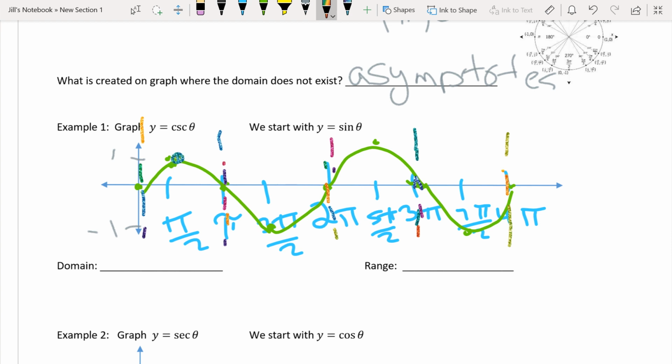So they share this point right here. And then the graph gets flipped over and they become parabola-looking functions like that. And they do go up forever and ever. Okay? Because when you reciprocate fractions, they become very large numbers.